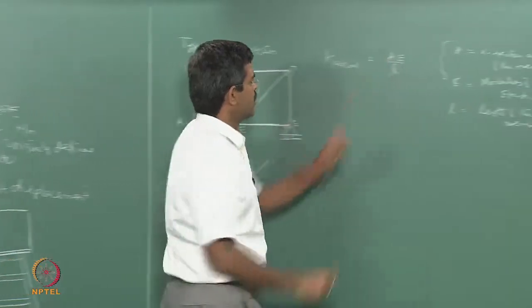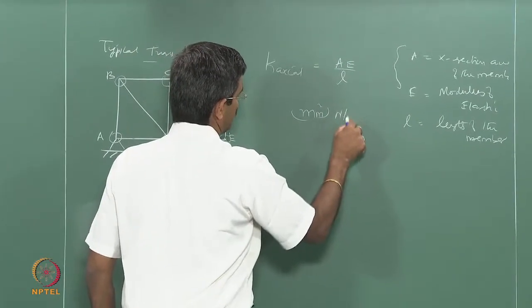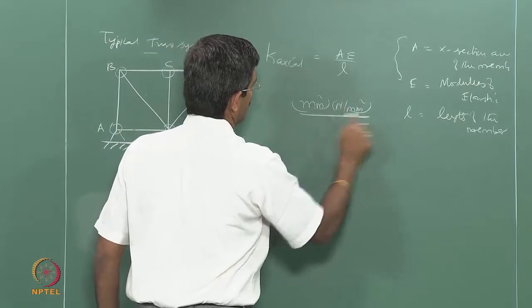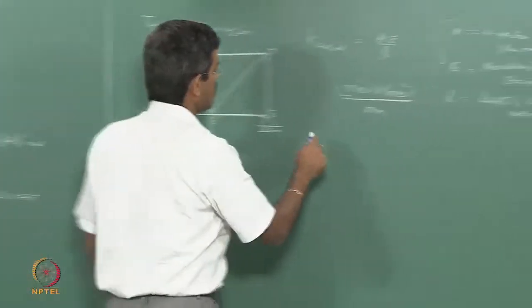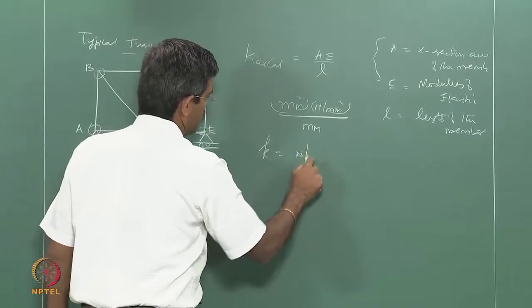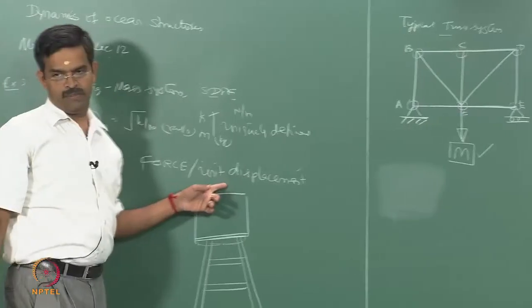If you work out the units here, let us say mm square, Newton per mm square, per mm. So, ultimately the stiffness will lead to a unit which is the same as force per deflection.